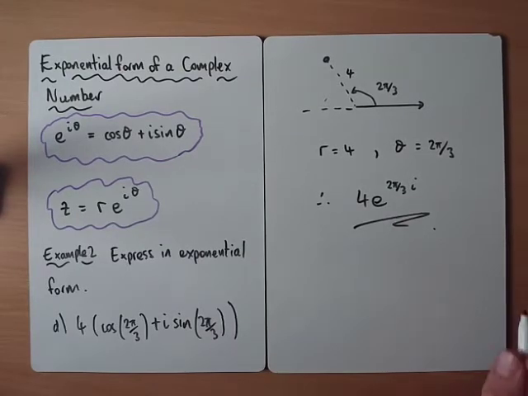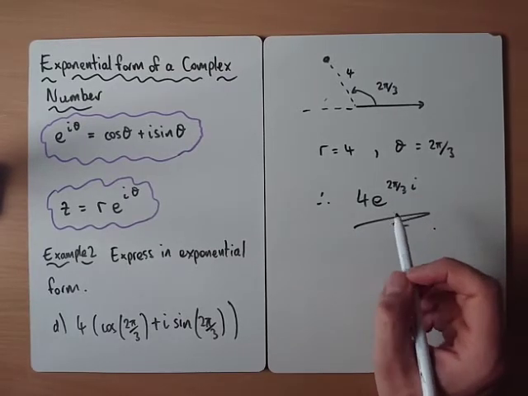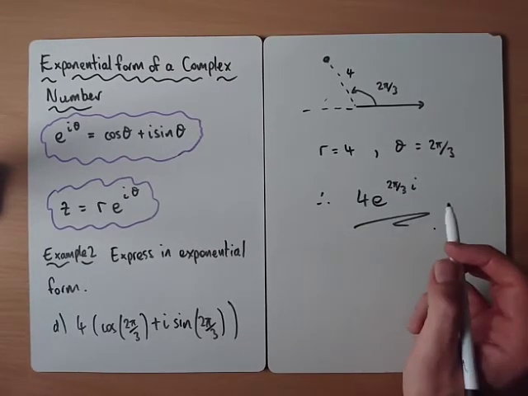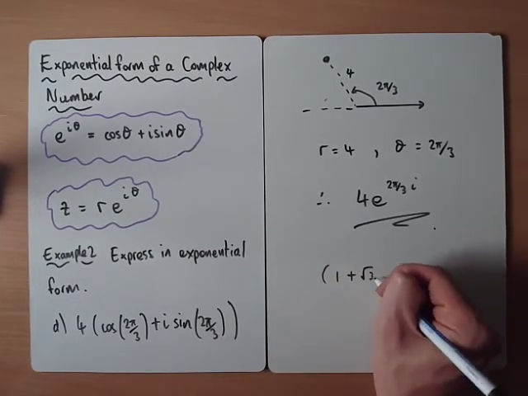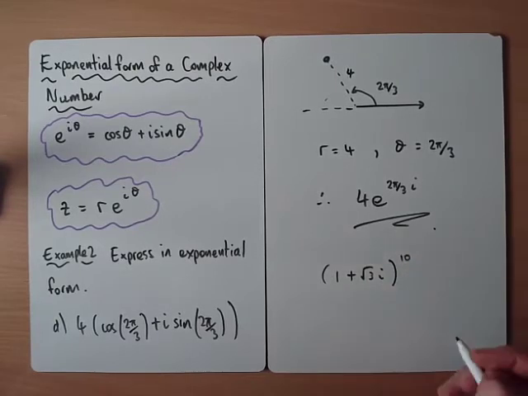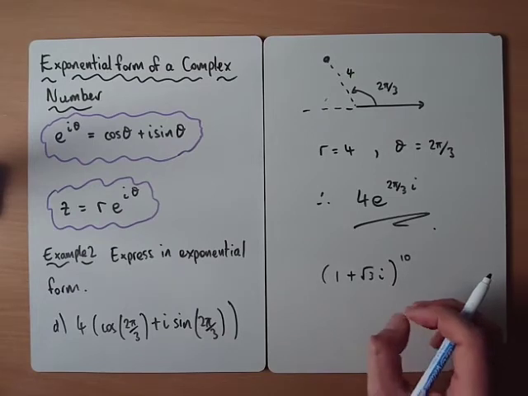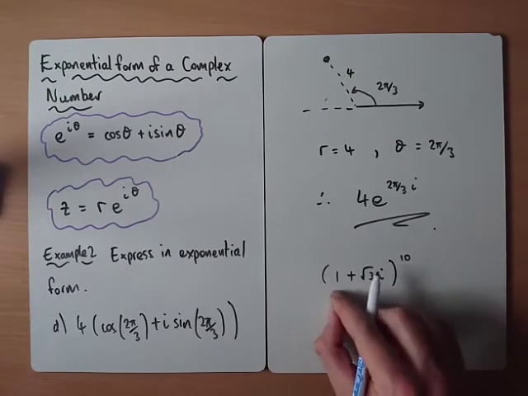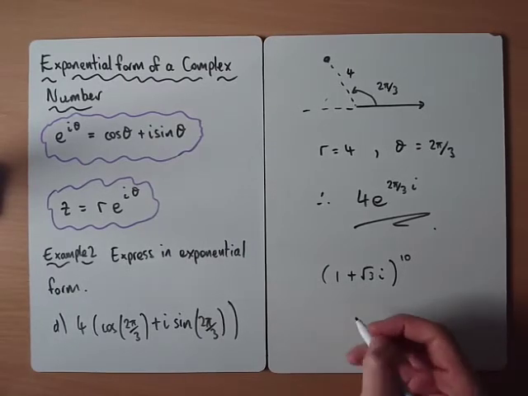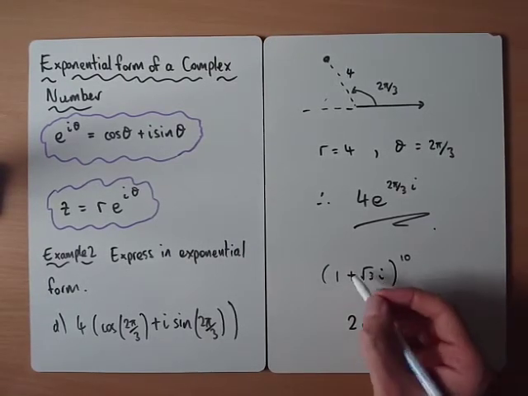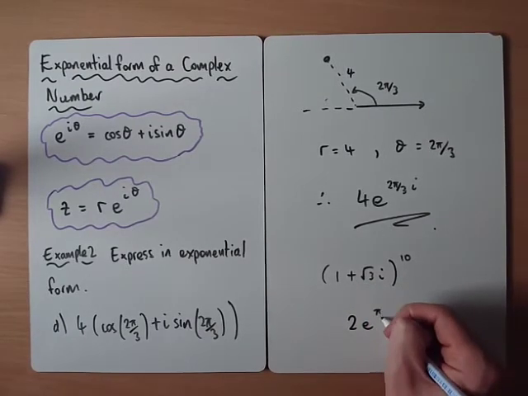Okay. Exponential form of a complex number is actually really useful because we can use it to quite easily manipulate powers of complex numbers. Imagine if you were trying to do 1 plus root 3i and you're going to raise that to the power of 10. Obviously you don't want to expand the bracket out because that would be a nightmare. But you could write it in exponential form and then raise it to the power 10, because it's really easy to write 2e to the, what would that be, 1 across root 3 up, so pi over 3 i.